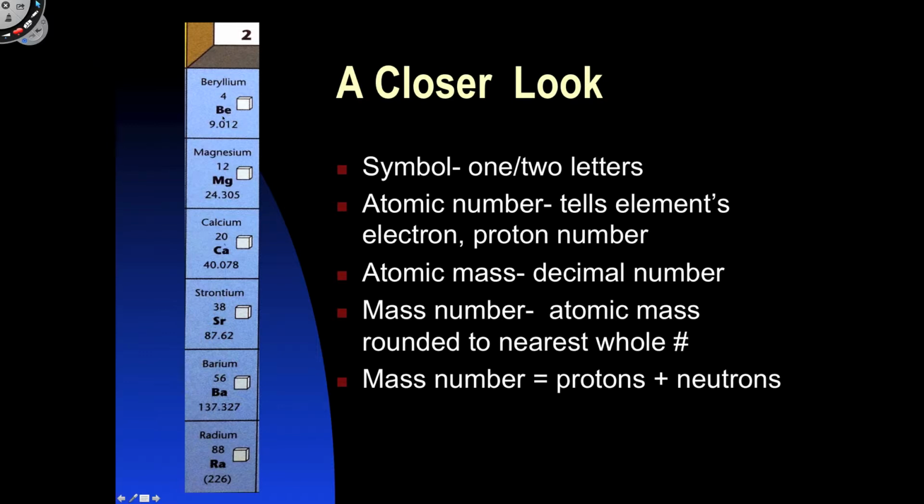Some of the symbols make sense, Be for beryllium, and then you have some that don't make any sense at all. You know, Hg for mercury. Well, mercury and the symbol mean the same thing, but this is based on its old name. Hydrargyrum, I believe, is what it was called. And gold is Au. Well, it was aurum.